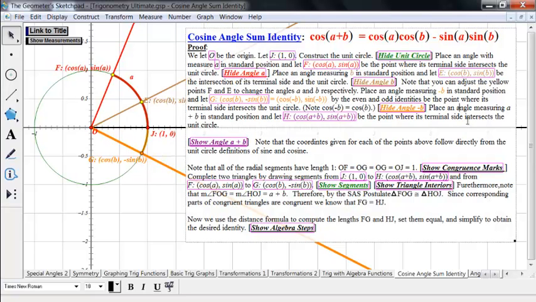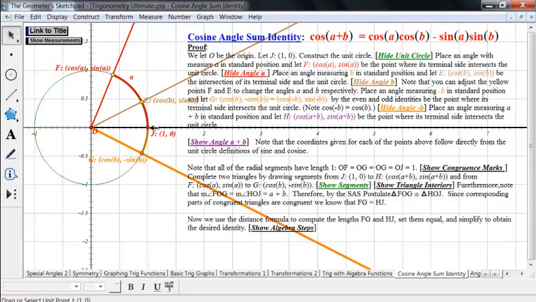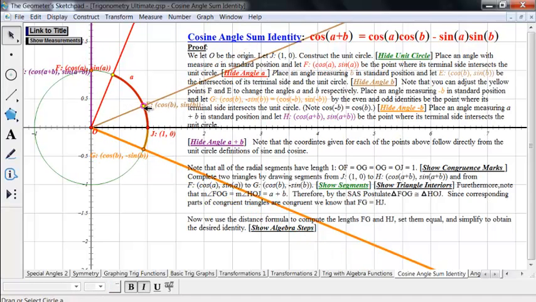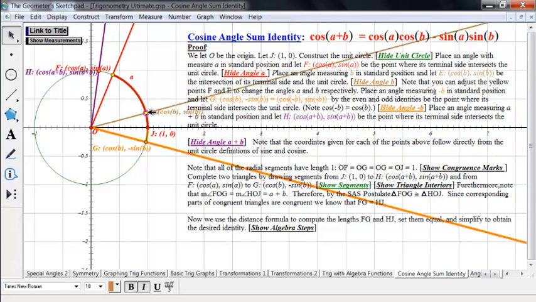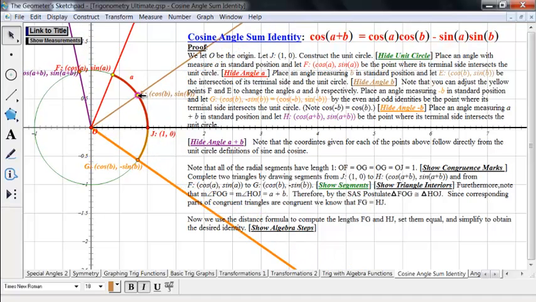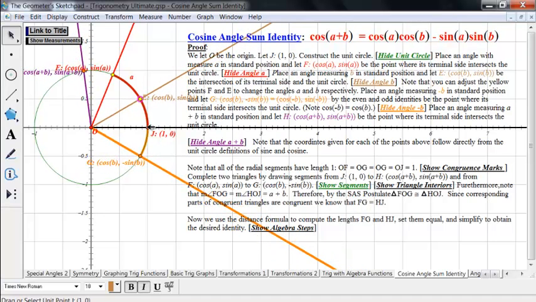Now we want to find A plus B. We have to notice that we've rotated around from this point J, A to here, and we need to rotate an additional amount by B. So here's the angle with the purple terminal side. Notice as I let B be 0, that's the same as A, and as I rotate this B a little bit more, however big I've made the angle B, that's how far we've gone from A, an additional amount.